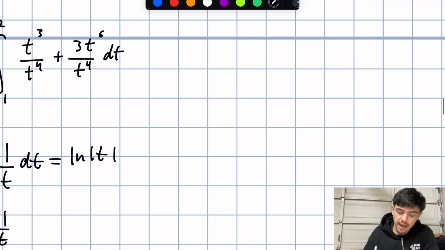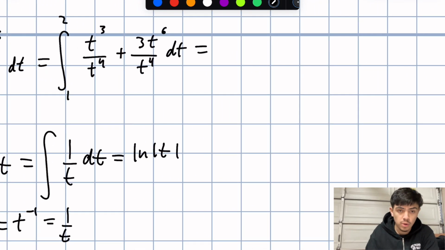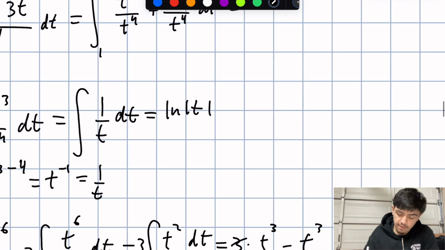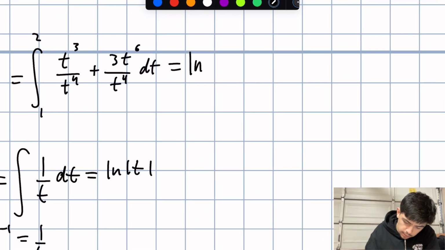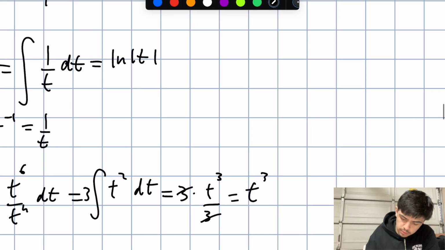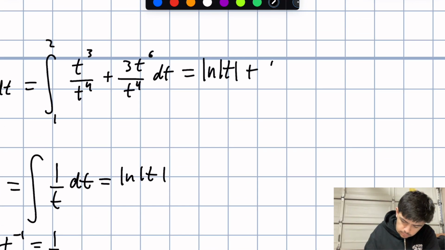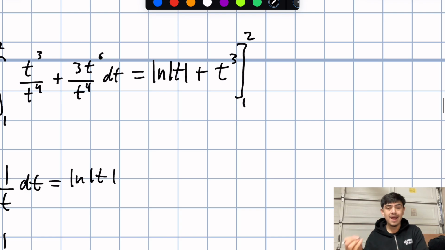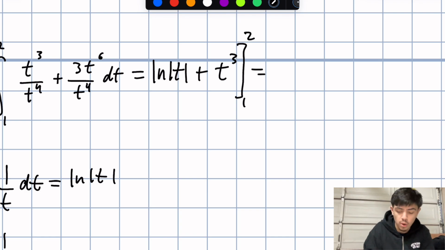So now let's combine all these together. Going back to our main original problem, we have natural log of t plus, what did we have? t cubed. But now we need to evaluate our antiderivative. You'll see either a bracket or a straight line, meaning we're going to evaluate it.